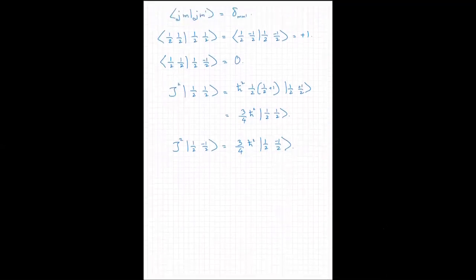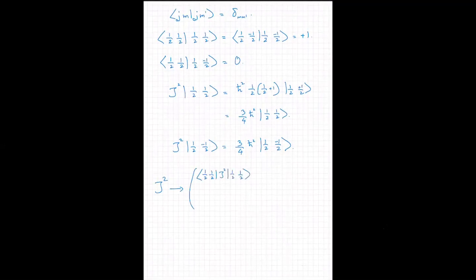So when I say what are the matrix elements of J square, what do I mean? I am looking for the elements ⟨1/2,1/2|J square|1/2,1/2⟩, this is the 11 element; ⟨1/2,1/2|J square|1/2,-1/2⟩, this is the 12 element; ⟨1/2,-1/2|J square|1/2,1/2⟩, this is the 21 element; and as you can guess, this is the 22 element. So, for example, ⟨e_i|J square|e_j⟩ equals J_ij.